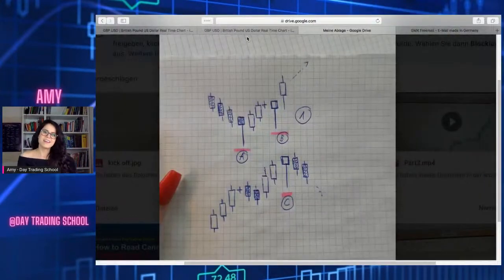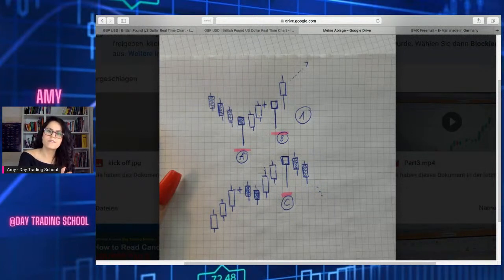Okay, now here in A, we have the scenario that after a downtrend you have something like a hammer. Later on, you have again the same candlestick pattern. What's the difference? The difference is the context. The hammer is a reversal candlestick pattern, and it is usually reliable when it occurs at the right location.